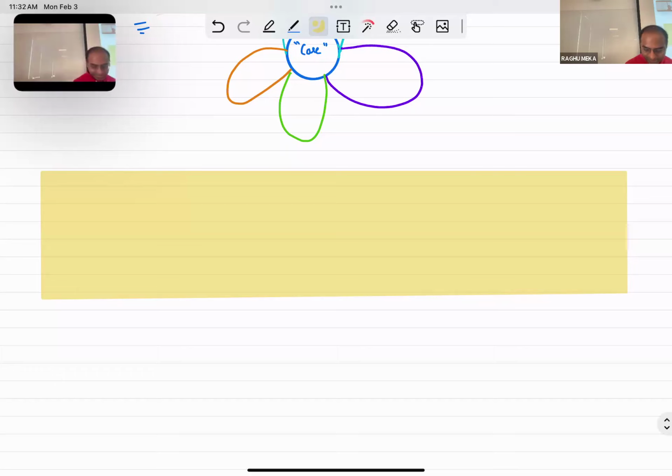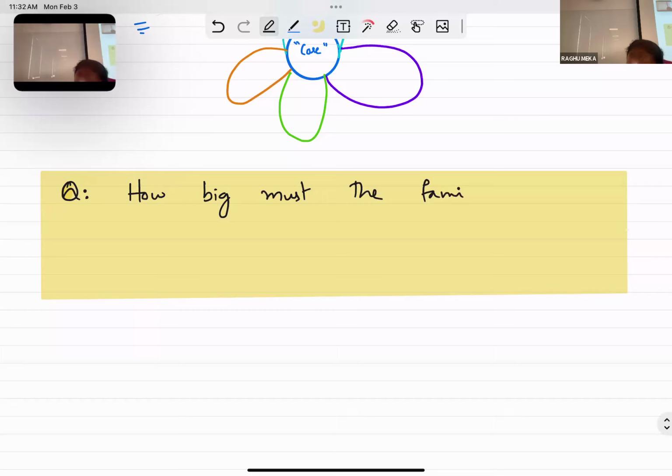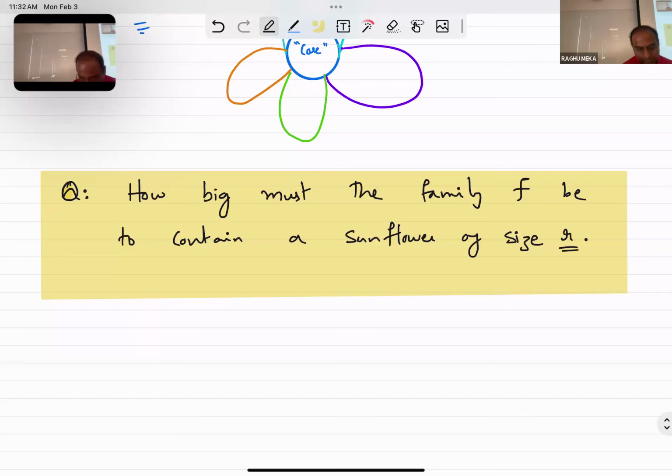Okay, in this case, they were asking the question, how big must the family F be to contain a sunflower with R sets?